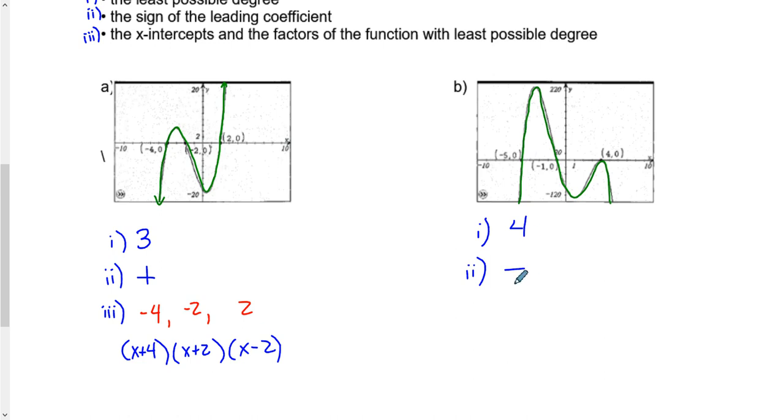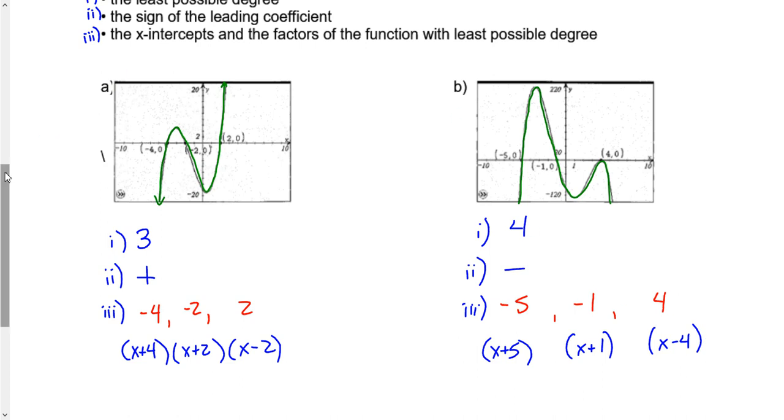My x-intercepts here are -5, -1, and 4. Its factors would then be x add 5, x add 1, and x subtract 4.